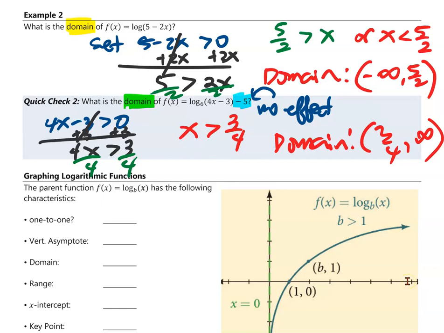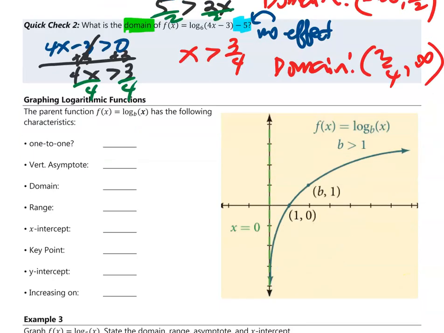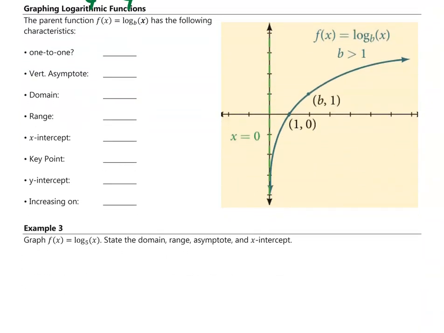Alright, next, let's talk about the graph of logarithmic functions. The graph here is the parent function f of x equals log base b of x. Is it 1-to-1? Using the horizontal line test, yes, it is 1-to-1. Vertical asymptote: as you can see here, in green, we have a vertical asymptote when x is equal to 0.